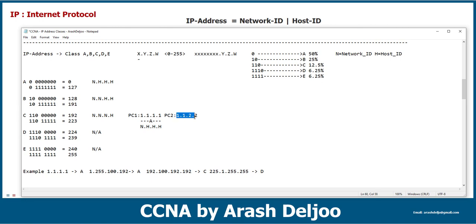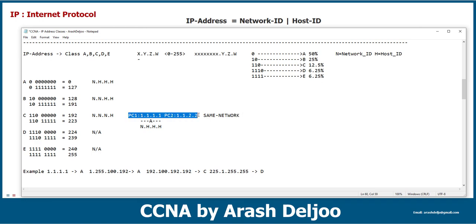This is the destination IP, okay? The first octet is the same as PC1's. Because of that, as you know, these two addresses are residing in the same network. Why? Because as I mentioned before, the network addresses of these two addresses are the same. So easy.